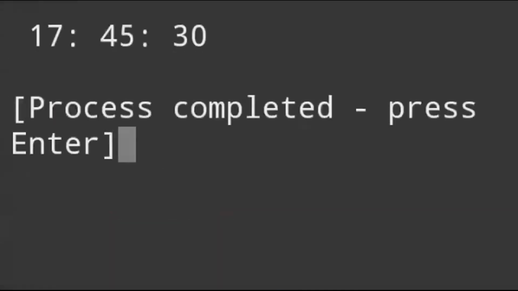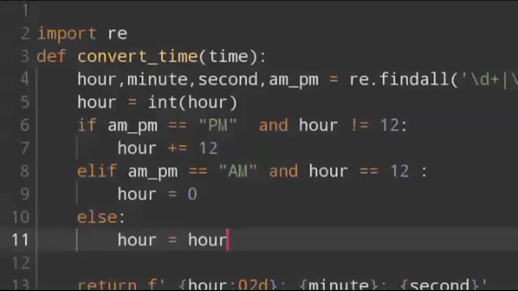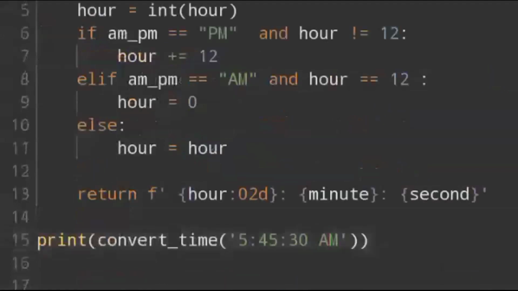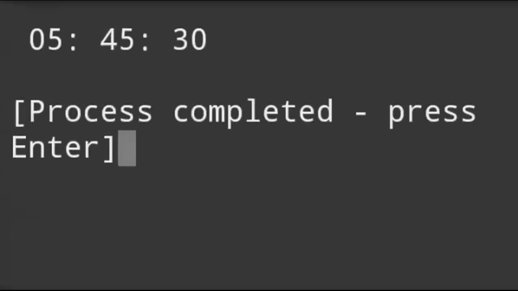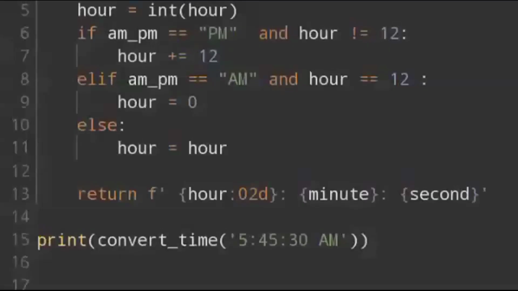Like for example, let's say 10 a.m. It will be the same 10 a.m. There you go. 5 a.m. It will be the same 5 a.m. So the last condition, if it doesn't follow the first two conditions, then the hour will remain the same. No addition, no subtraction, nothing, no change. Just that AM, PM will be removed. So this is just to be on the safe side so that you don't run into any errors.